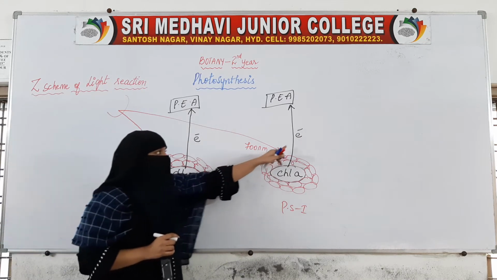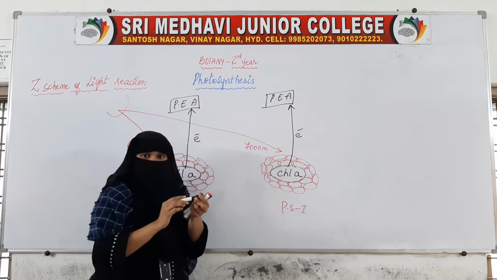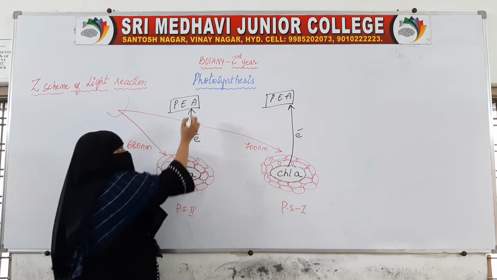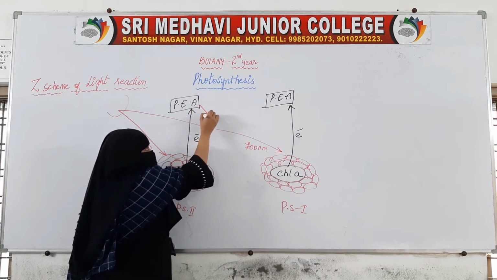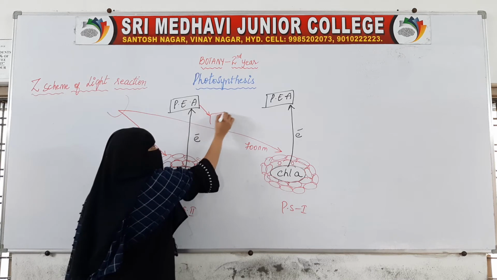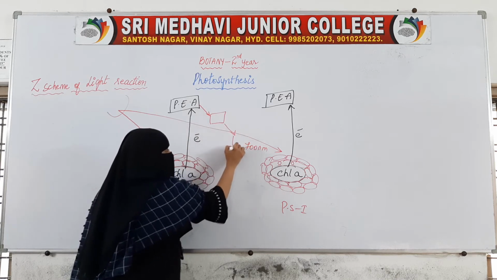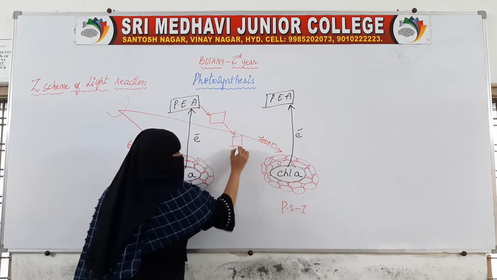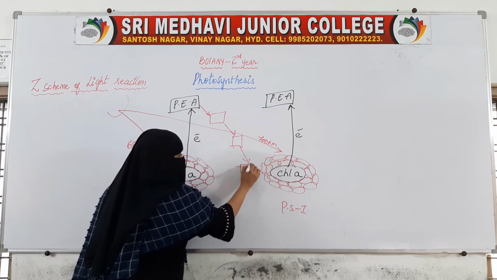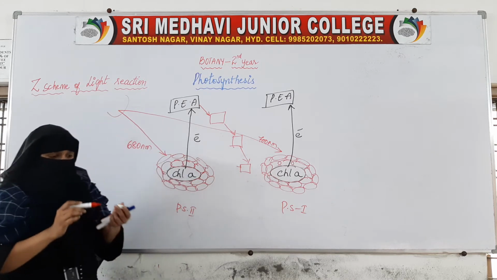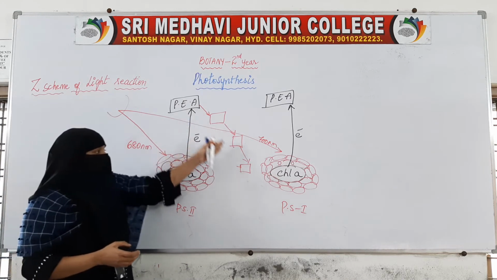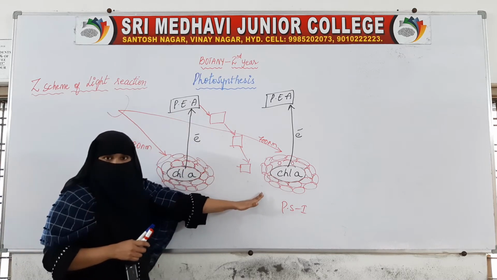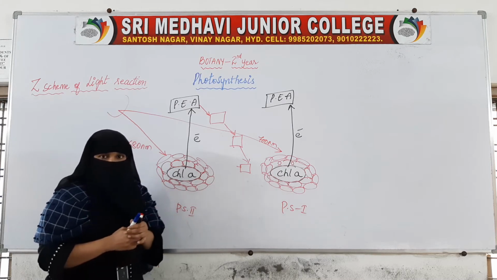Now from this acceptor the electron will move through a series of electron acceptors, that is, cytochrome is there, pheophytin will be there. So it moves through different electron acceptors.